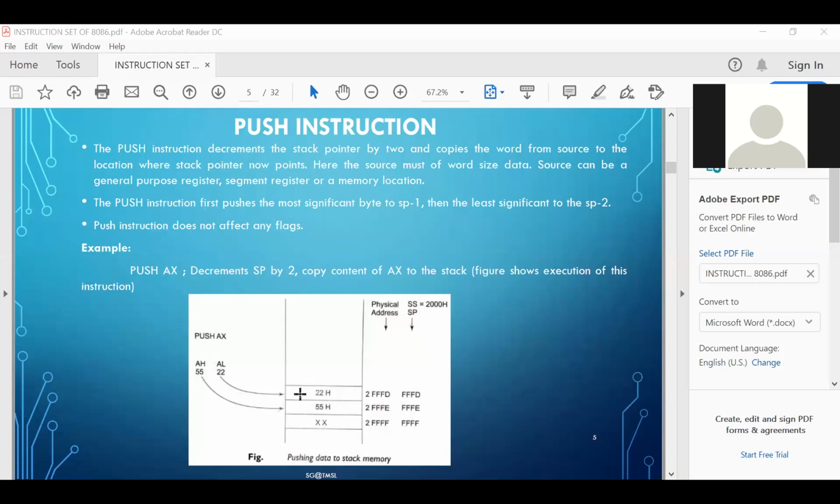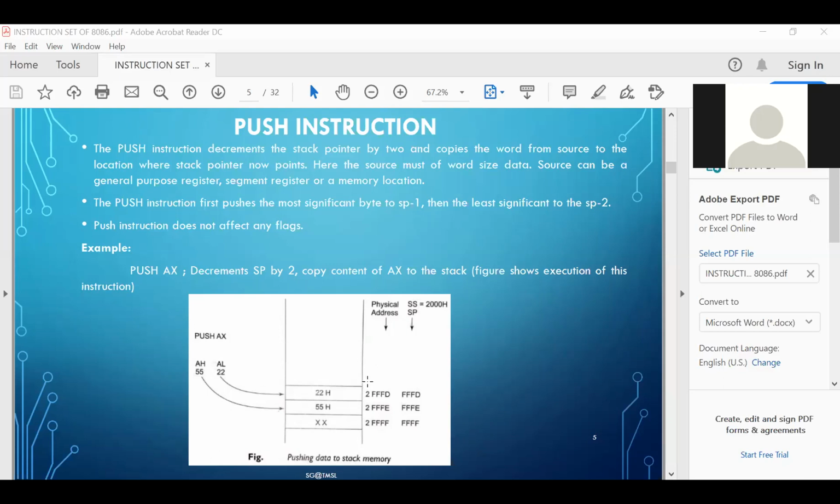Before storing a data byte, the memory location must be decremented by 1. So at last, when these two data bytes are stored inside the stack memory, the stack pointer is automatically decremented by 2. Two decrement operations have been performed.